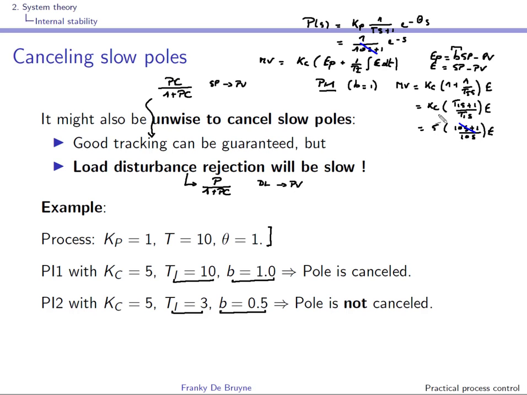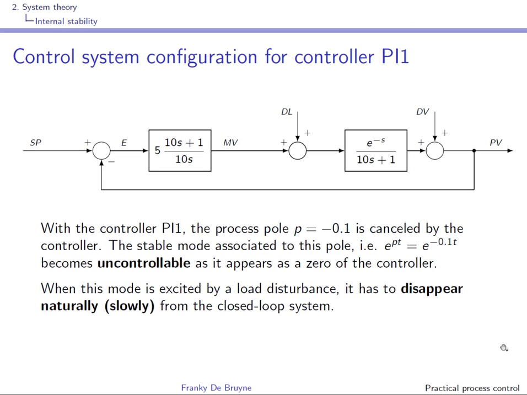You can see here that this pole will disappear from this transfer function, but it will still appear in this transfer function, and this is why the load disturbance rejection will be slow if this slow pole is cancelled in the controller. This is the control system configuration that is associated to controller PI1.